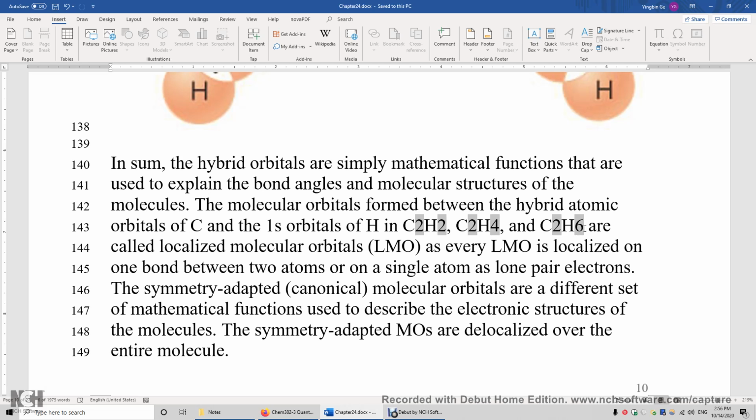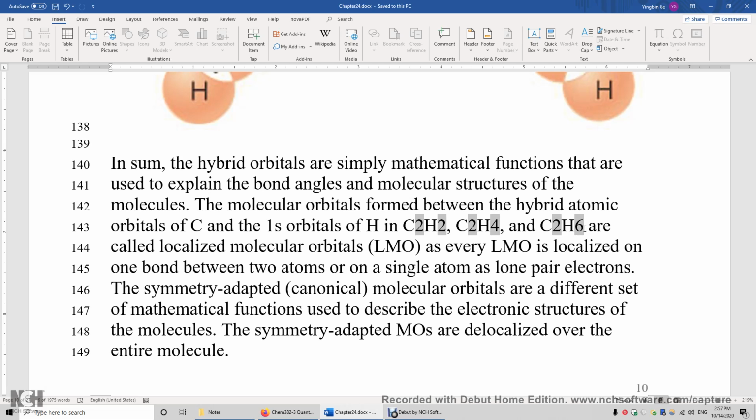It's a hybrid atomic orbital. Only when this atomic orbital overlaps with another atomic orbital from another atom, we call that molecular orbitals. Specifically, we call them localized molecular orbitals because these localized molecular orbitals are usually localized either on one bond or one lone pair. Alright, so it's localized.